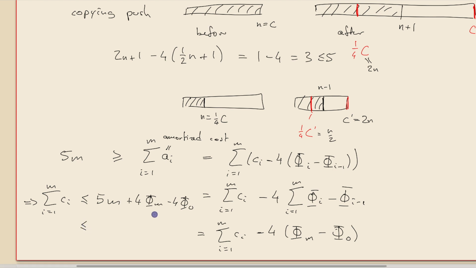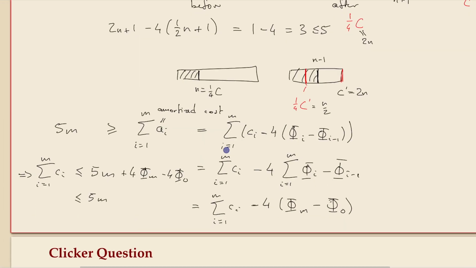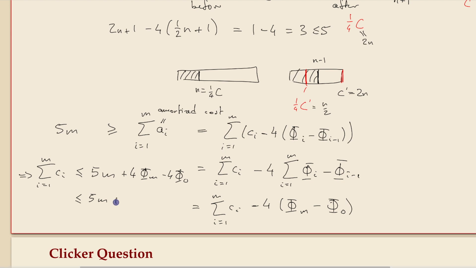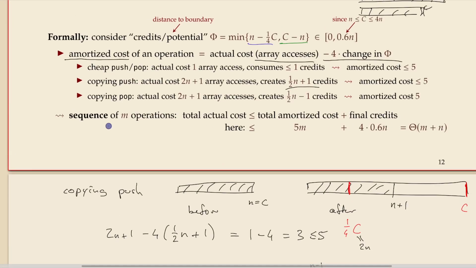Now, if we want an upper bound on this, we can take the largest value that phi can use in this case. And remember, it was at most 0.6 n. And it's at least 0. So if I subtract nothing, I only make it bigger. Okay. And so that's what's summarized on the slide.